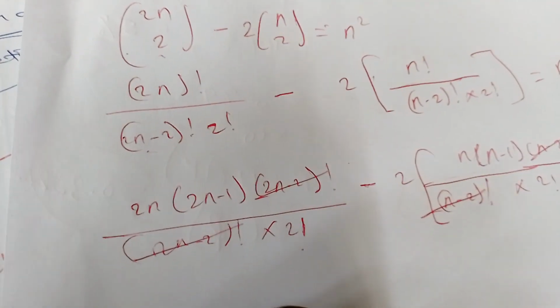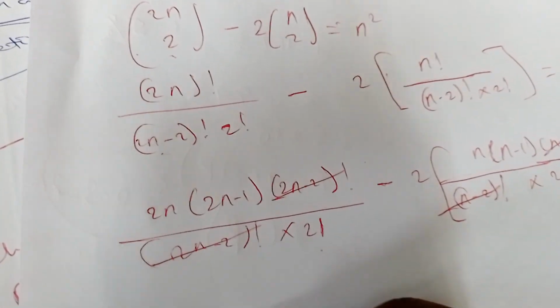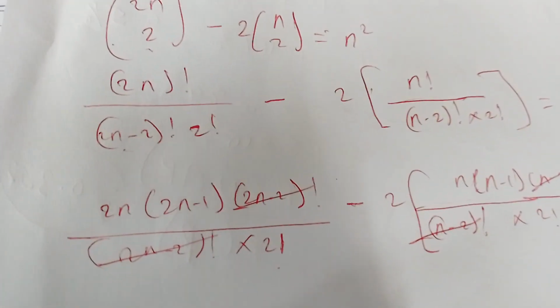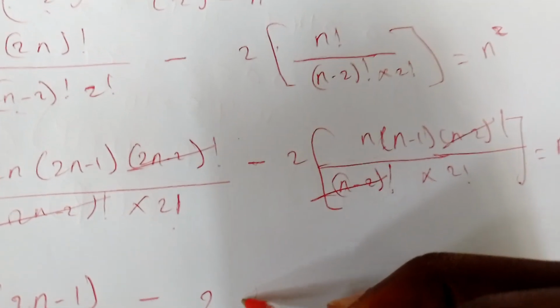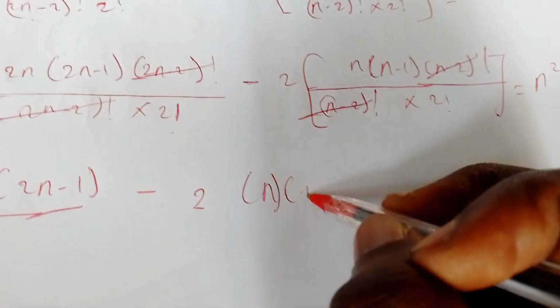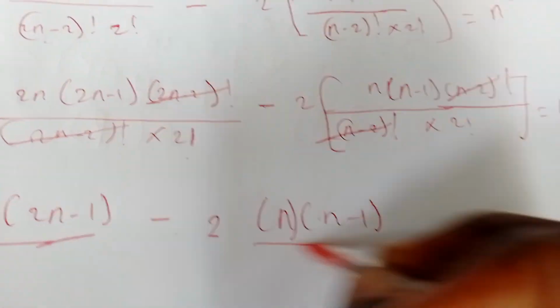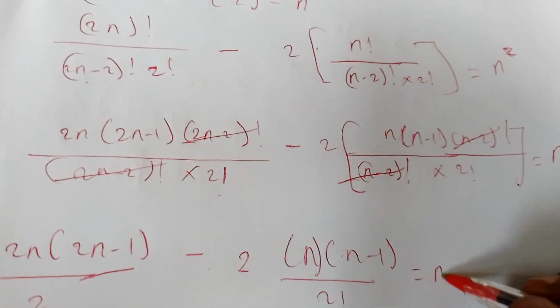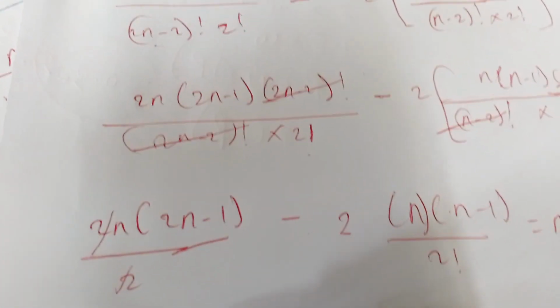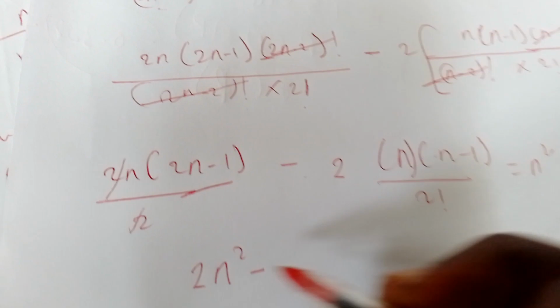So we get 2n times (2n minus 1) divided by 2, minus 2 times n times (n minus 1), also divided by 2 factorial, of course. That's good. Now we can get rid of this, then we get 2n squared minus n.